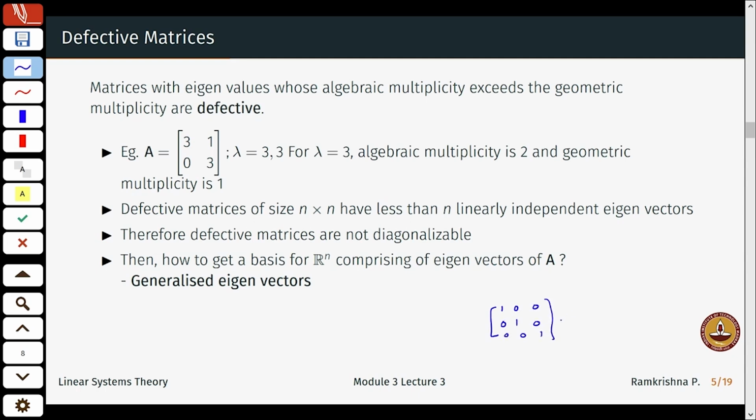Okay. Here I can always find 3 distinct eigenvectors, which could be whatever, right? Any vector in R3 is an eigenvector, and all these 3 eigenvectors E1, E2, E3 will span the entire R3.